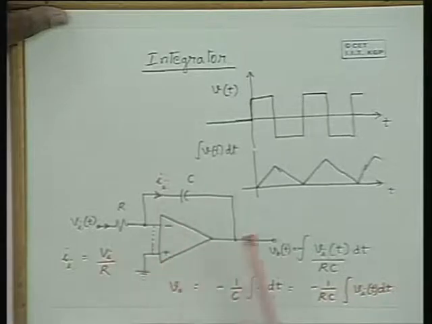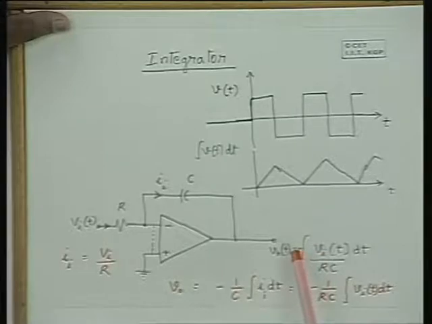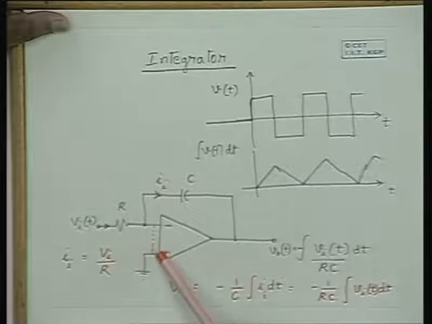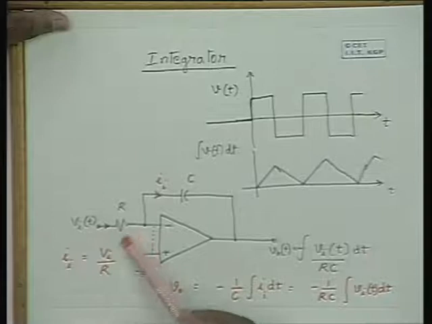Since the operational amplifier provides a very high gain, for almost zero potential it will give you a reasonable output voltage. But please note that this input voltage is very essential. It may be of the order of a fraction of a millivolt, but that is very essential to provide you this output. For analytical purposes, since this is negligible, the current that flows through this is Vi by R.